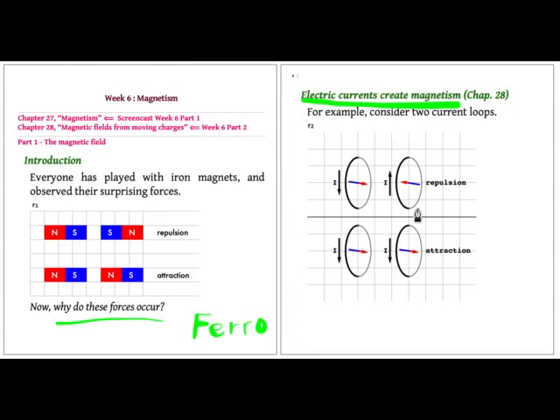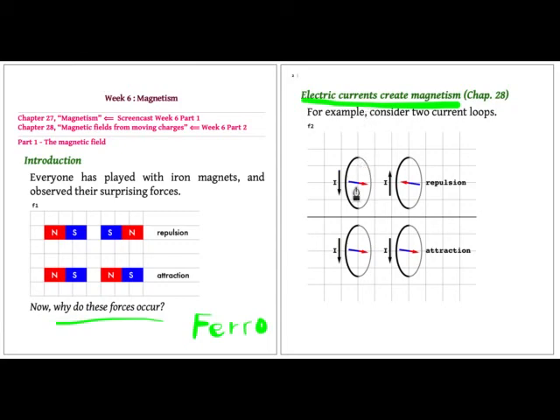So it depends on the relative orientation of the two loops. If I start with this where there's a repulsion, and I flip this loop over so that it has the same direction of current as the one on the left, then it becomes attraction. So in the case of currents, like currents attract, and unlike currents repel.